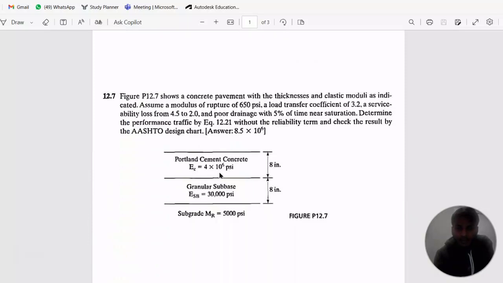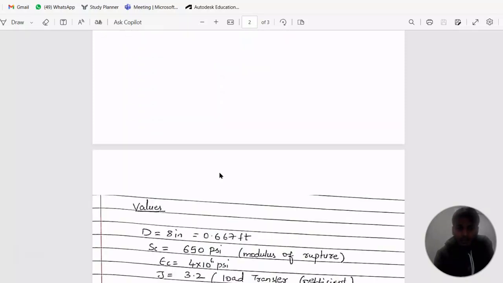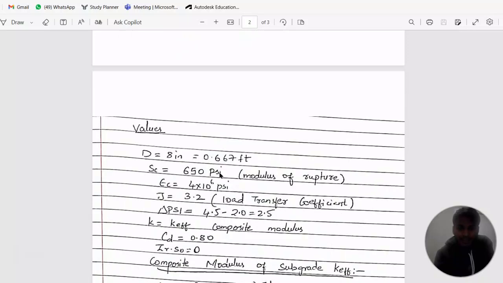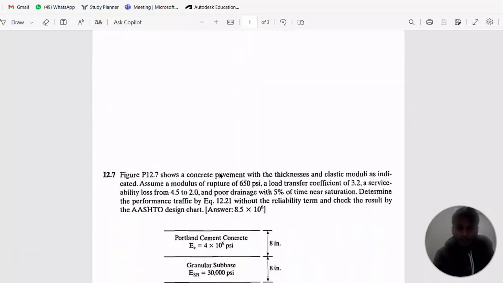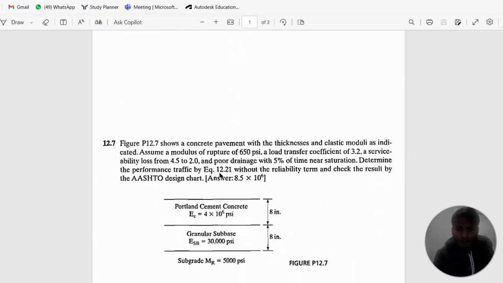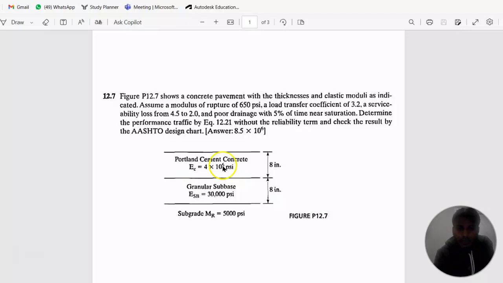From the question we can take the values of D equal to 8 inches and SC, which is also called the modulus of rupture, equal to 650 psi, and we have EC, which is known as the value of 4 into 10 power 6 psi, as you can see here, Portland cement concrete.